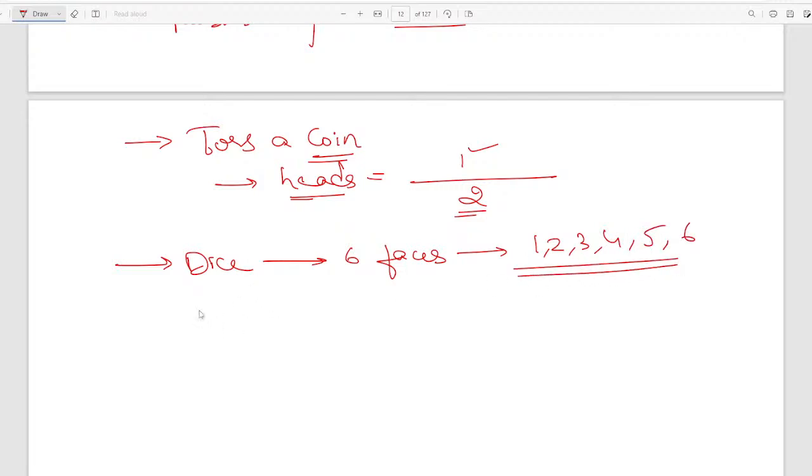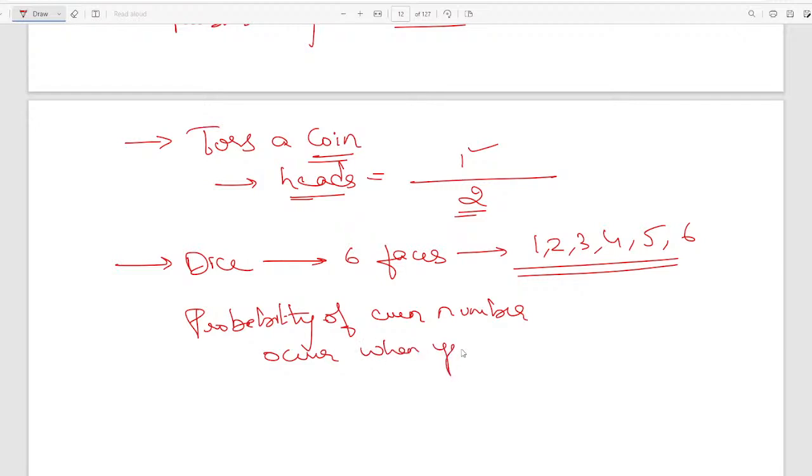So if they ask you to calculate the probability of any even number occurring when you roll a dice, you have to calculate the number of even numbers, that is the favorable outcomes. 1, 2, 3.